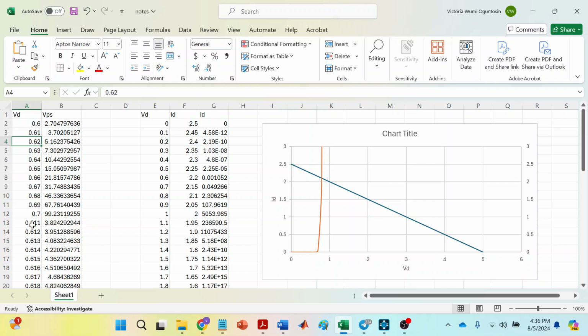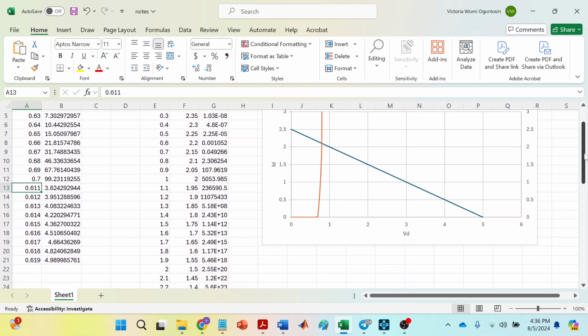So that's why subsequently I decided to vary it, because I've already known that the value of VD is going to be from 0.61 to 0.62. So I begin to do small changes from 0.61 to 0.62.